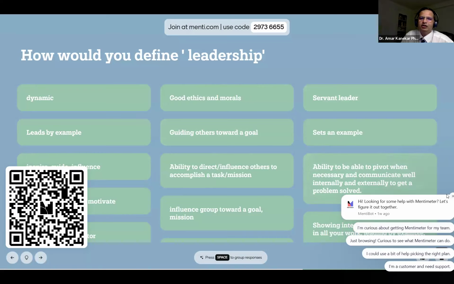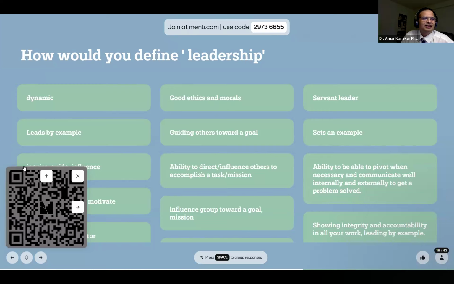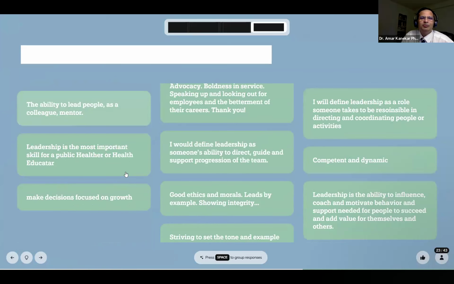Let me see what else is showing: integrity and accountability in all your work, leading by example, ability to pivot when necessary and communicate well internally and externally to get a problem solved, and ability to guide and motivate, role model, mentor. And then it keeps on going.